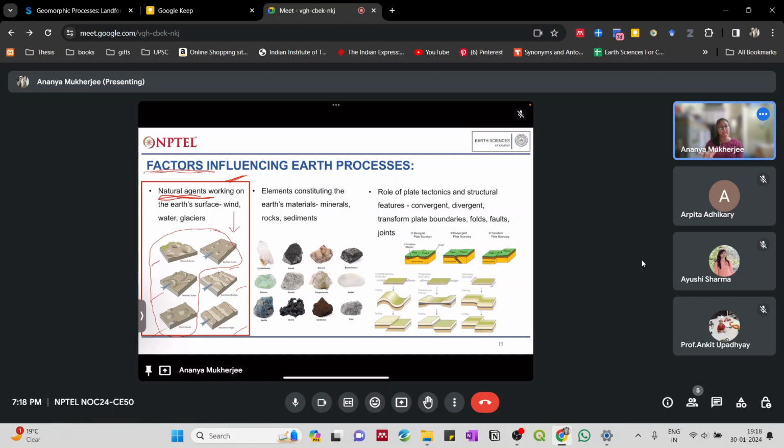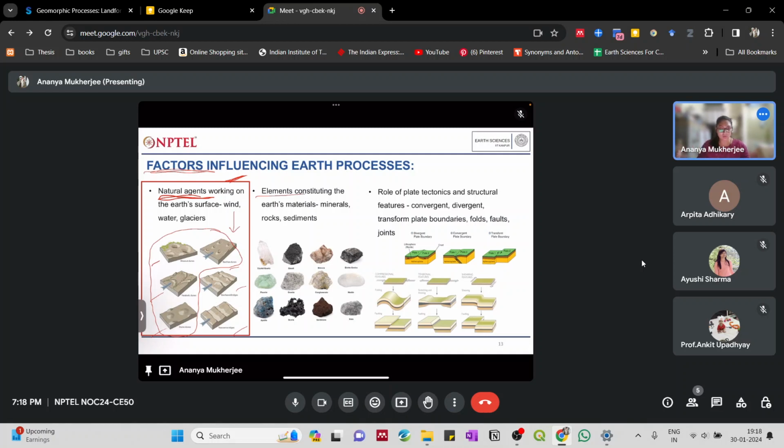We will see that there are much more internal factors also that are going to play a role in different kinds of earth processes and the formation of these landforms. Now, the elements also play a role: some minerals can get weathered faster compared to other minerals.